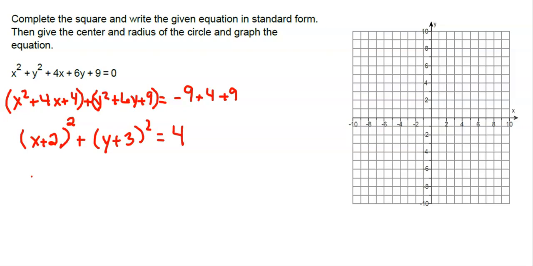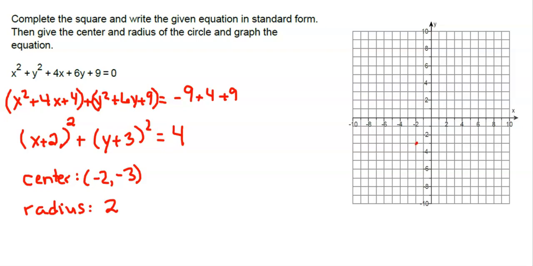So now we can see the center of our circle is at -2, -3, and the radius of the circle is the square root of 4, which is 2. To graph, we'll find the center of the circle at -2, -3.